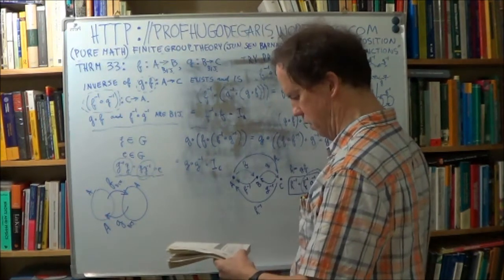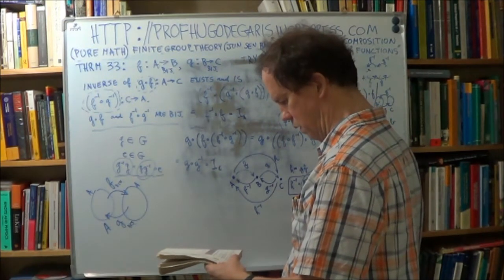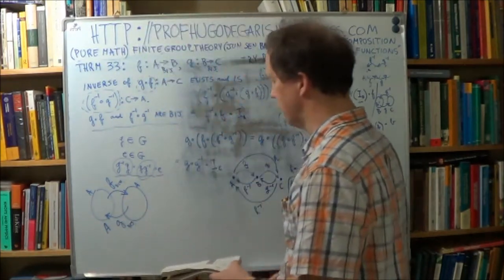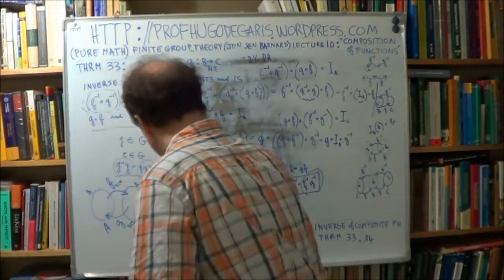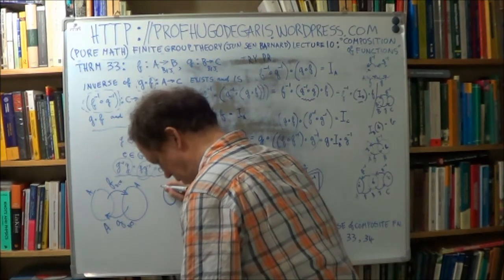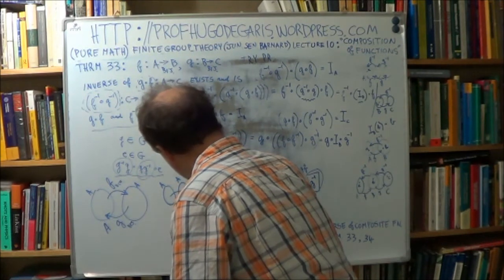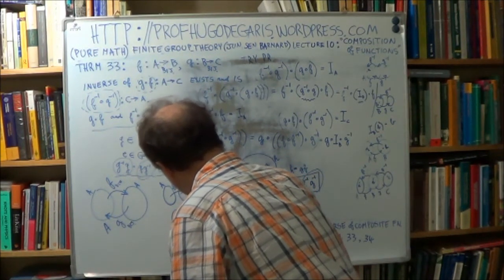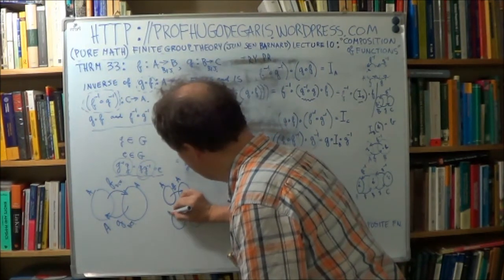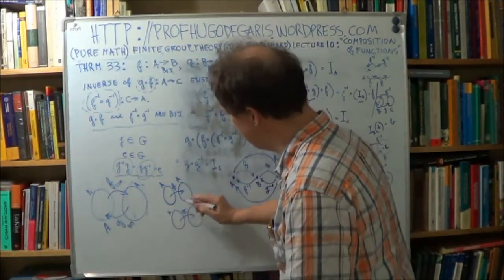F maps A to A, and g also maps A to A. Okay, so you have two functions.